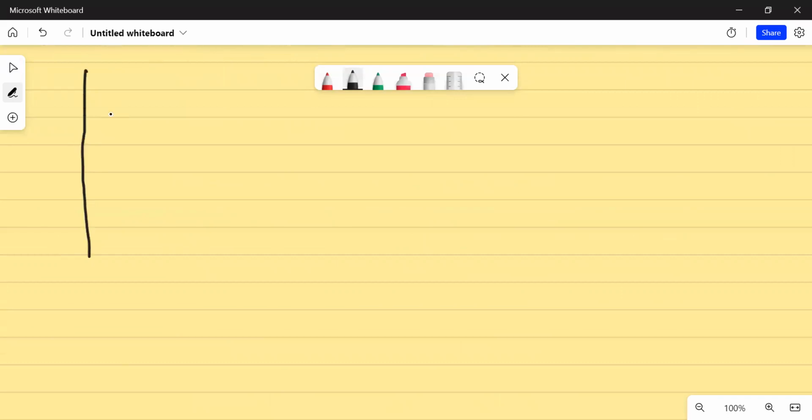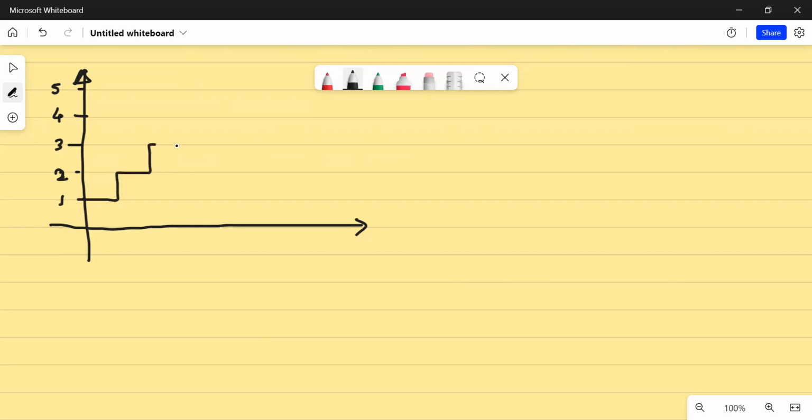How to find the Laplace transform of this function. Let's say this is your 1, this is your 2, this is 3, this is 4, and this is 5. And I'm making a staircase here. Okay, so such a staircase function is given to you.